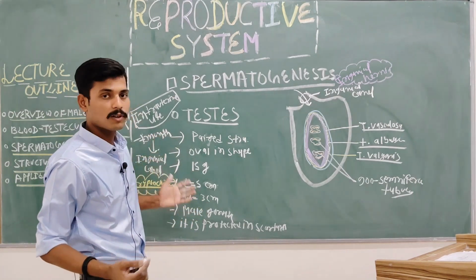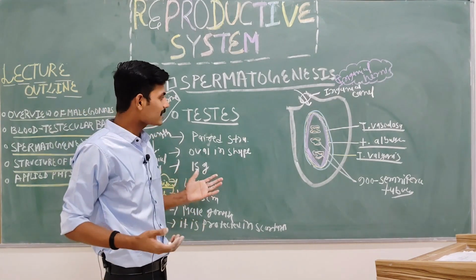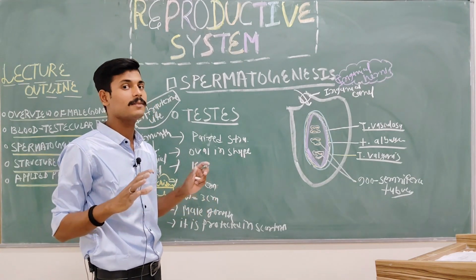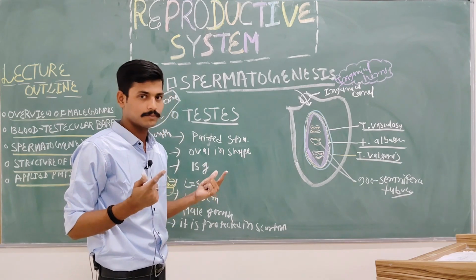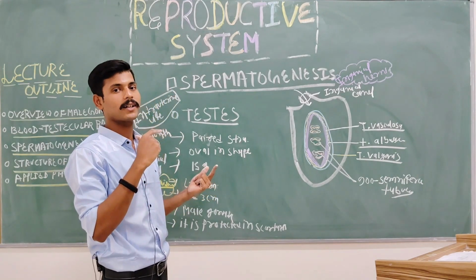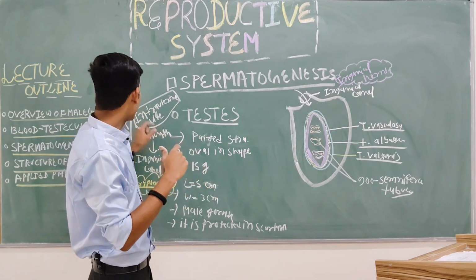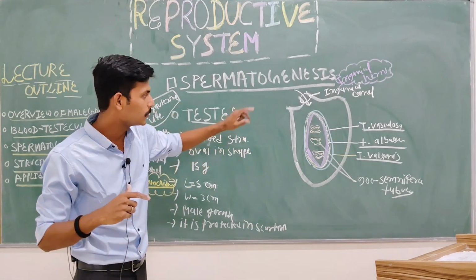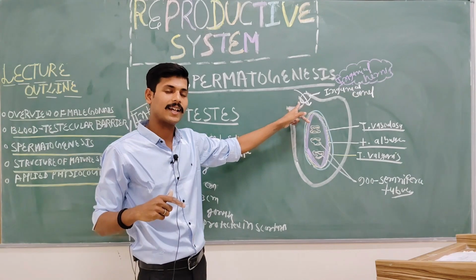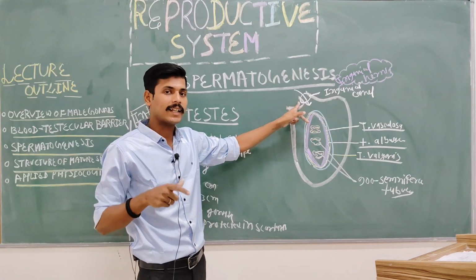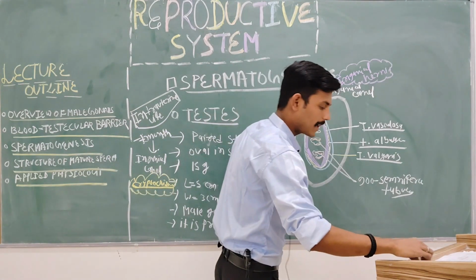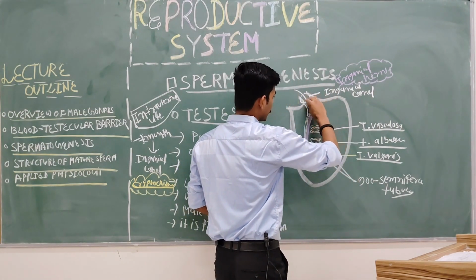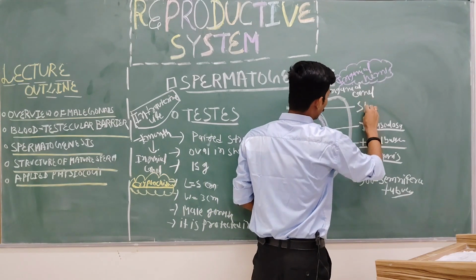The thing we have to remember is that the testis is not initially present in the scrotum during intrauterine life. It is during the 7th month of pregnancy that the testis descends into the scrotum through the inguinal canal, and it is held by the spermatic cord.